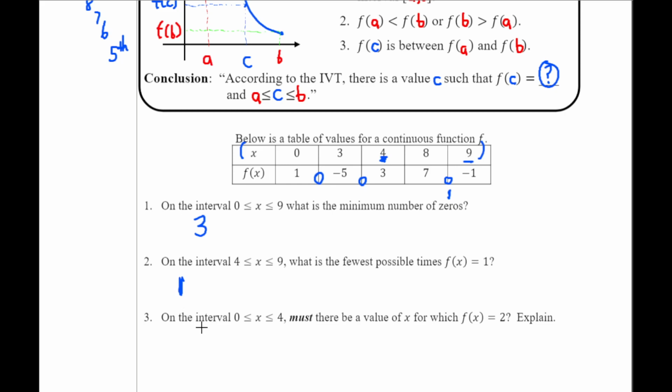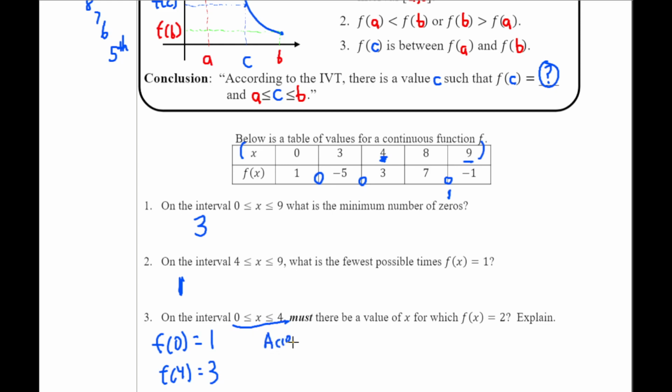On the interval 0 to 4, careful, 0 to 4, must there be a value for x for which f of x is equal to 2? Explain. Well, from 0 to 4, f of 0 is equal to 1, f of 4 is equal to 3. So we can follow this language on the top. 2 is in between 1 and 3.